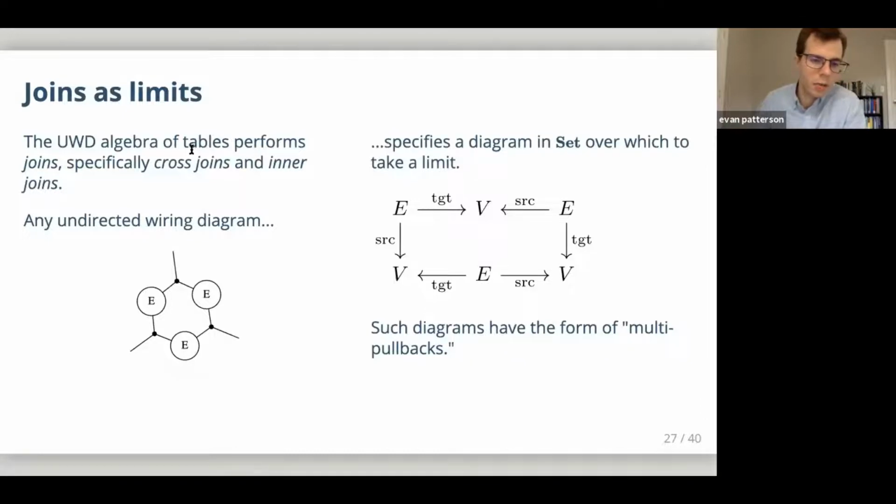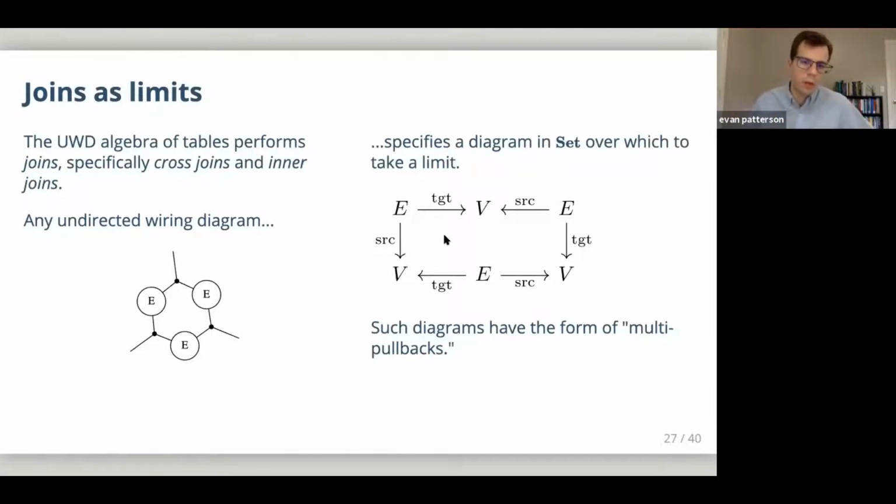The way this works is that every undirected wiring diagram, such as this one here for 3 cycles, translates into a diagram in the category Set by replacing both the boxes and the junctions with objects or sets, and then the mapping from ports to junctions defines the arrows in this diagram. It's probably easiest to see by example.